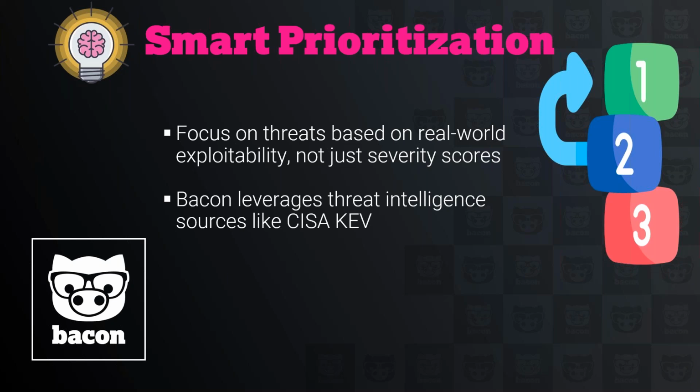So things that are out there that people are currently using to attack companies and machines like yours are listed there, and we note those with a nice big red circle next to any vulnerability that has that. So when you see that, you can rest assured that that's probably the first thing you want to get solved today. Any vulnerability on any of your machines that's on that KEV list, you want to go in and attack that right away and get that cleared up, because that's the most likely thing that is going to exploit you.